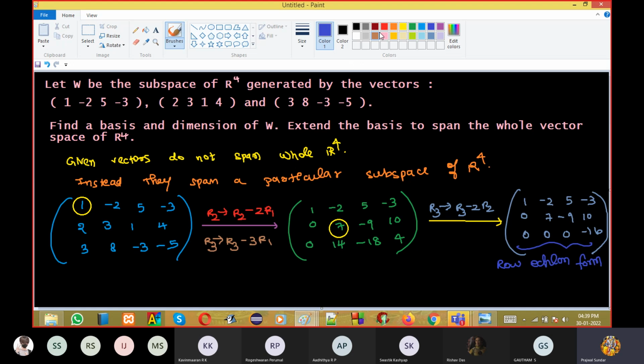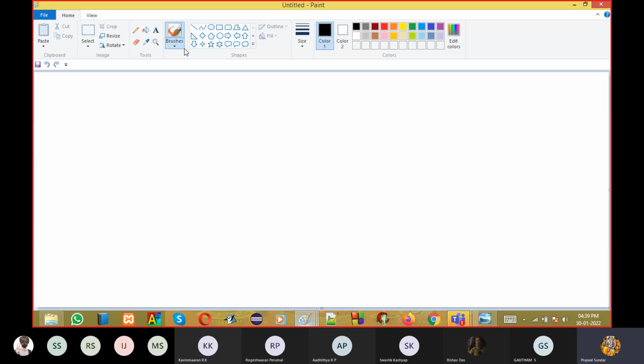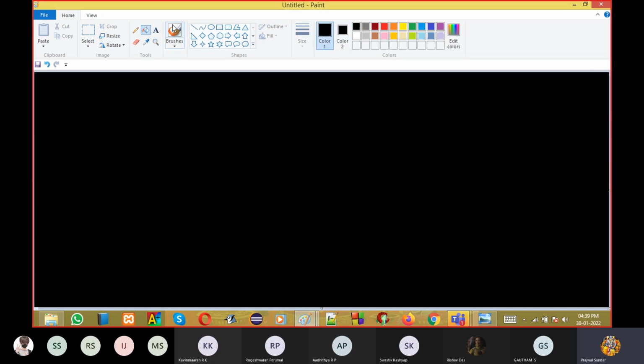So in row echelon format, what is the rank? We can get rank as 3, correct? If I'm getting rank as 3, I can say the rank of the matrix is 3. So I can say the dimension of the subspace, the dimension of W, will also be 3.